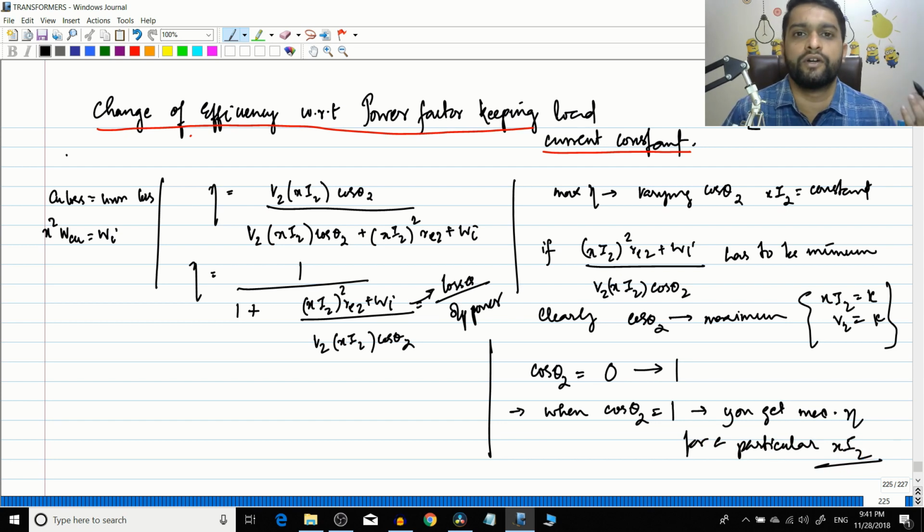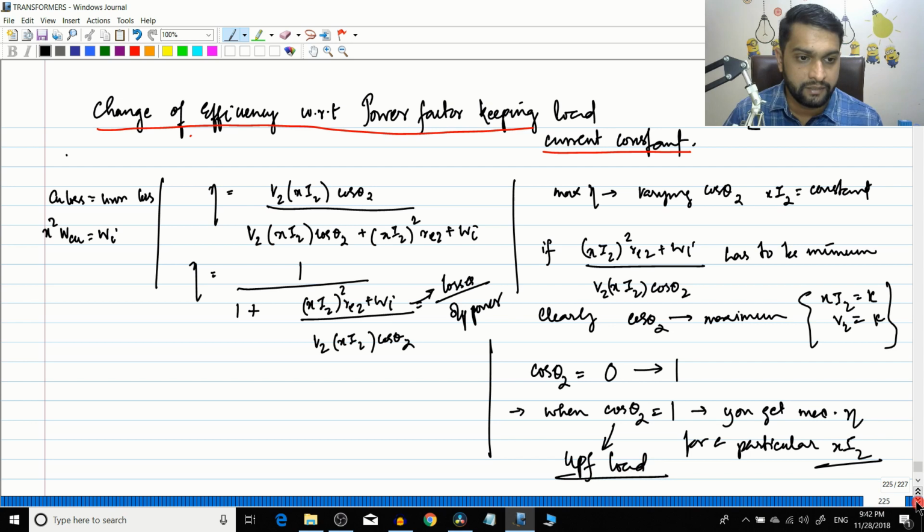It can be half full load, 3/4 full load, anything. But for any load current you fix, you will get maximum efficiency when it is operating at cos theta 2 equal to 1. What is cos theta equal to 1? It is a UPF load. When cos theta 2 is equal to 1, you are using a UPF load.